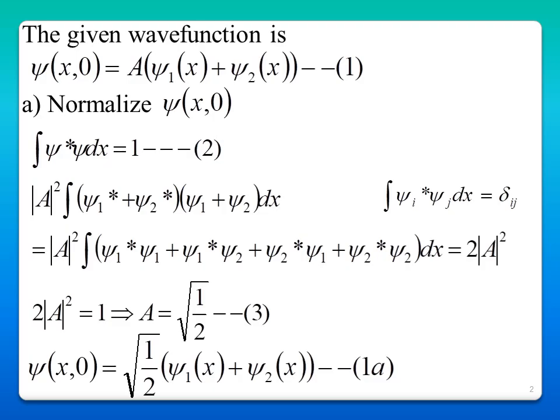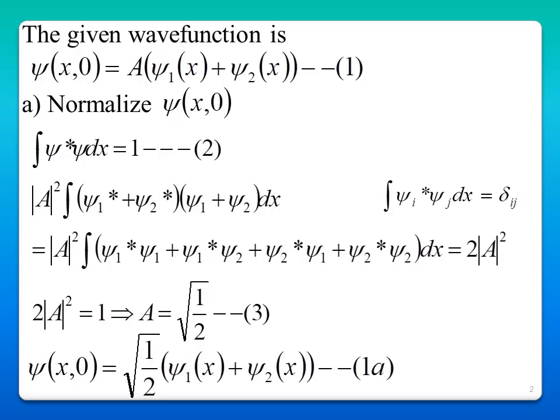So the given wave function is psi of x comma 0 is equal to A times psi 1 of x plus psi 2 of x. Now we have to normalize this. So integral psi star psi dx equals 1. So modulus of A squared times the integral of psi 1 star psi 1 plus psi 1 star psi 2 plus psi 2 star psi 1 plus psi 2 star psi 2 into dx, and use the orthonormalization condition, that is integral psi i star psi j dx equals delta ij.